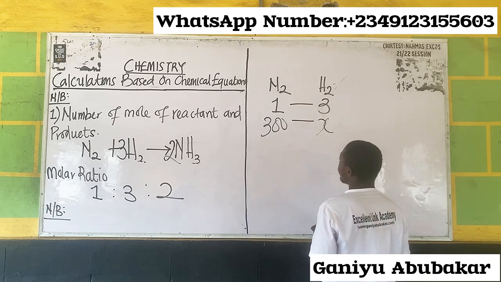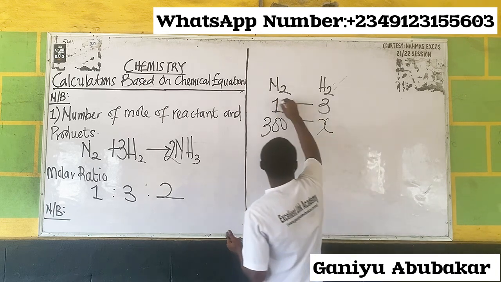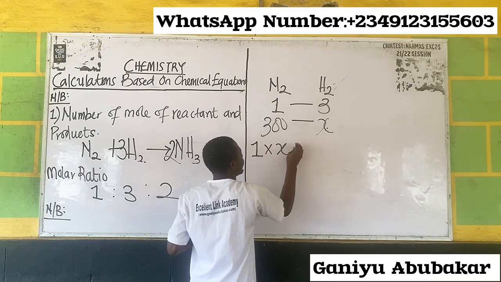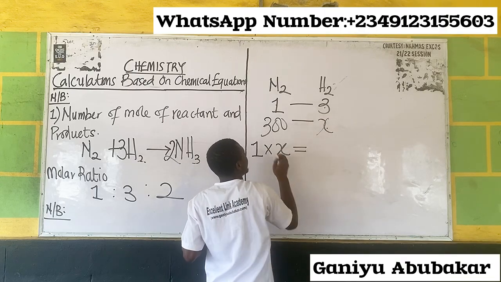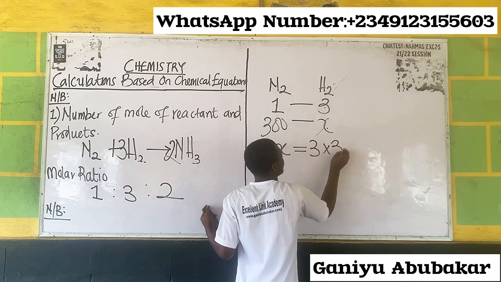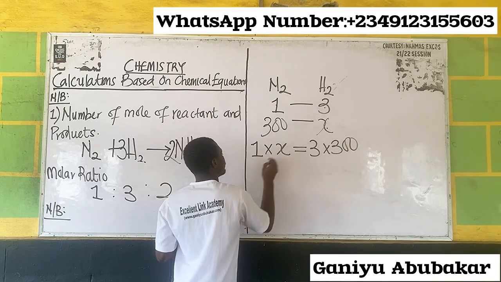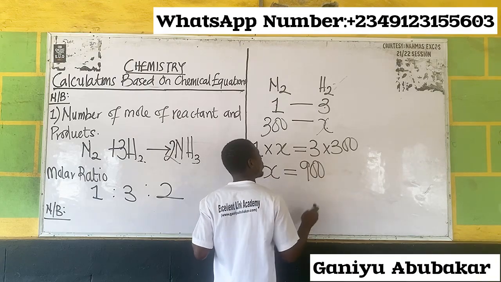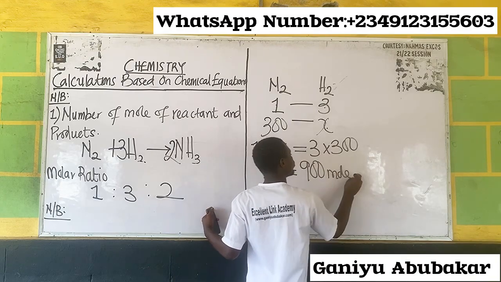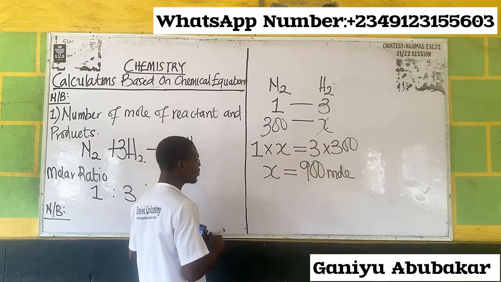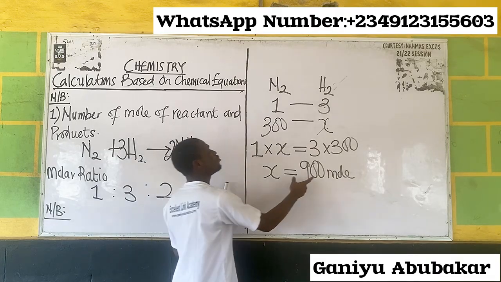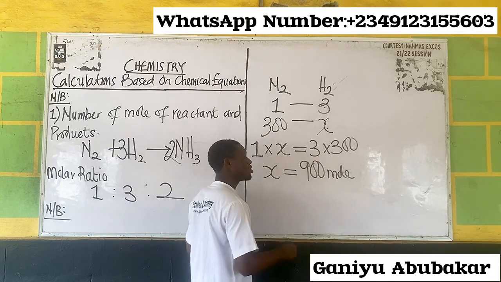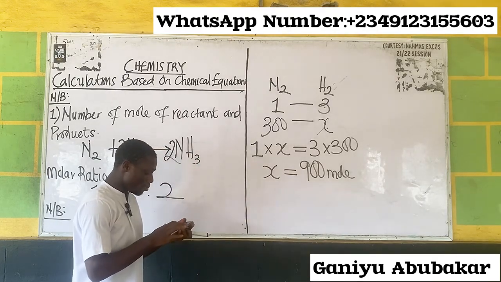So in this case, multiply: 1 times X gives you 1 times X equals 3 times 300, which gives you 3 times 300. This gives X equals 900. 900 moles. So it means that it requires 900 moles of hydrogen to react with 300 moles of nitrogen. That's the idea behind this.